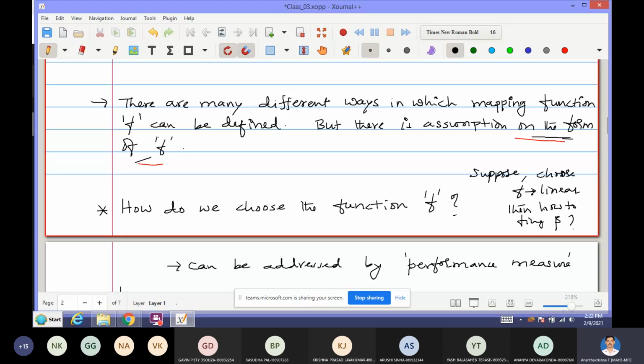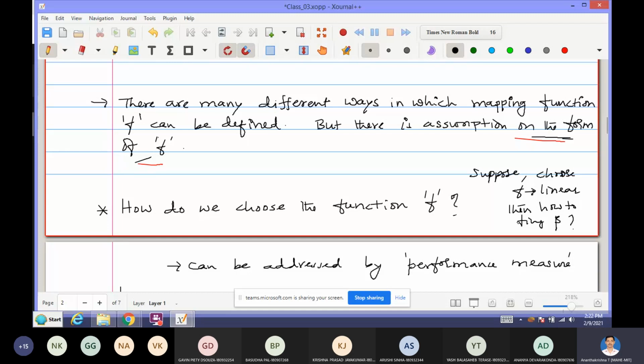So this has to be addressed, correct? There could be many different ways in which beta can be defined. And again, choosing or estimating the beta for a chosen model is also an issue which has to be addressed. We will address that.